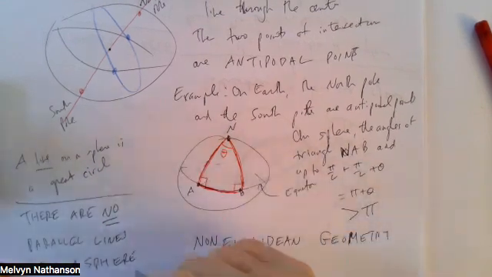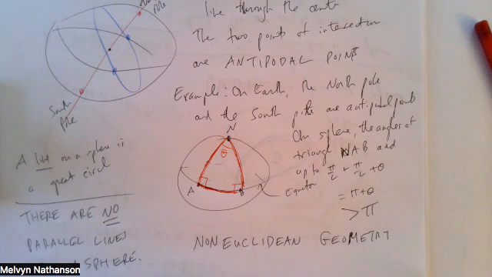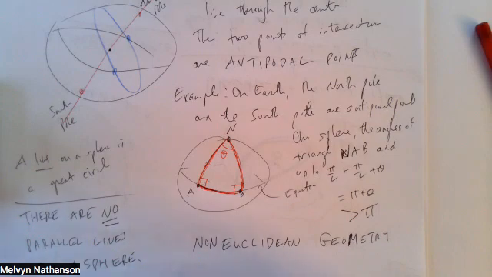A line is a great circle, and every 2 great circles intersect in 2 points, period. So you can't say through any line and any point not on the line, there's a parallel line. There simply are no parallel lines on a sphere.